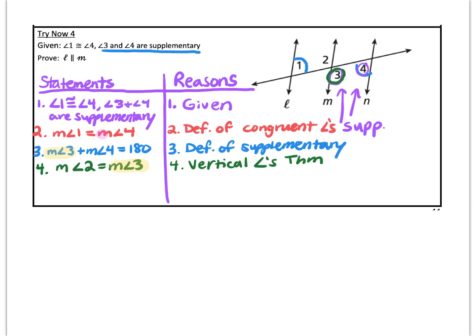Angle 4 is equal to angle 1. So let's go ahead and make a substitution here where I'm going to trade angle 3 for angle 2. So measure of angle 2 plus, and I'm going to change angle 4 to angle 1 equals 180. And there we did substitution.